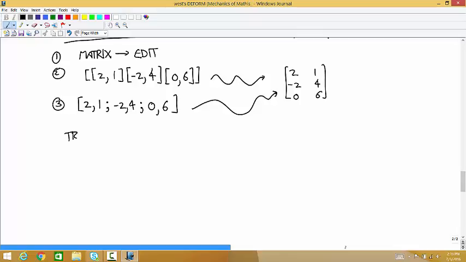So now let's talk about some matrix calculations and functions. The first one is the transpose. Any matrix has a transpose.